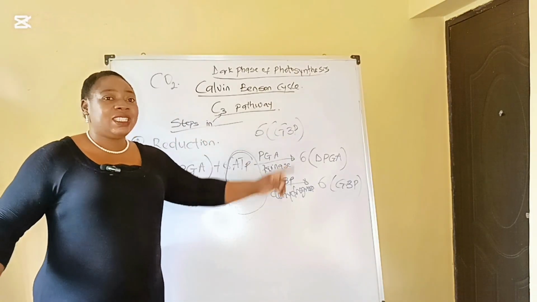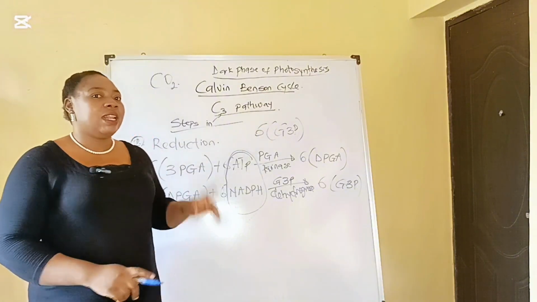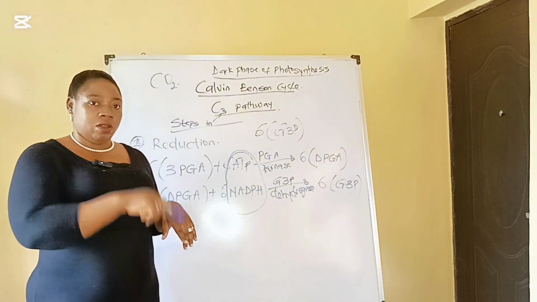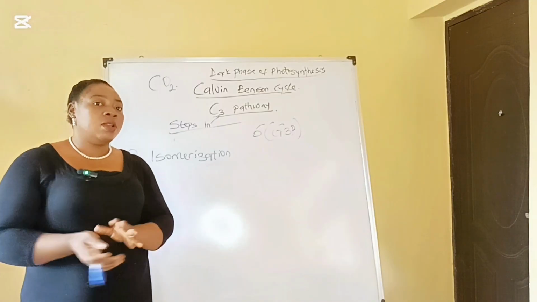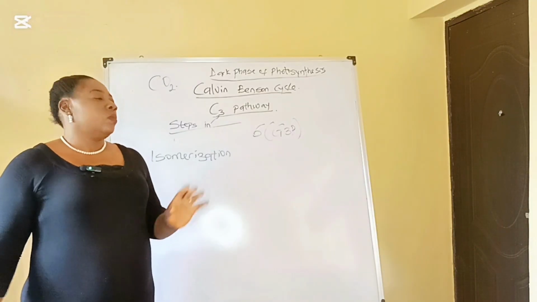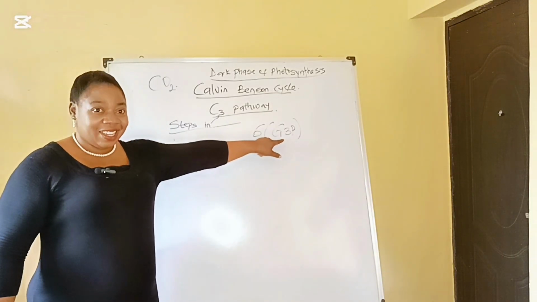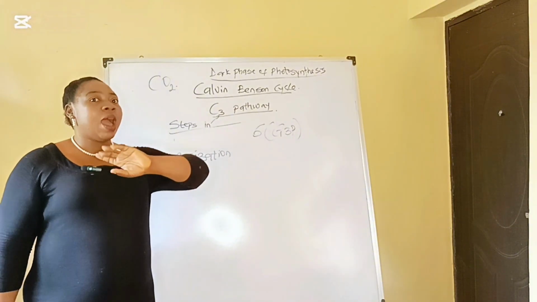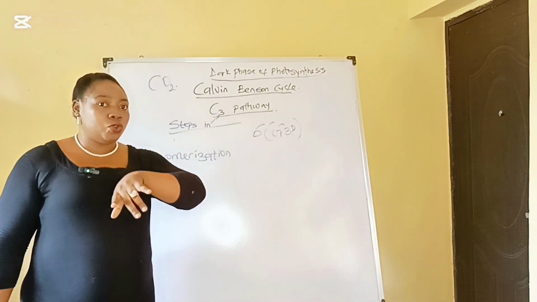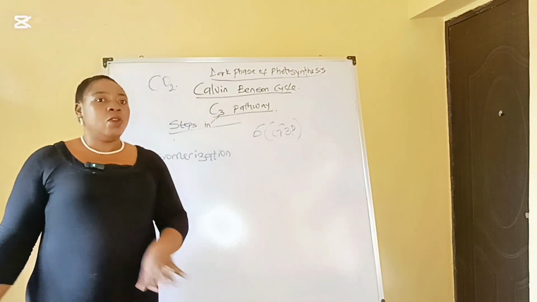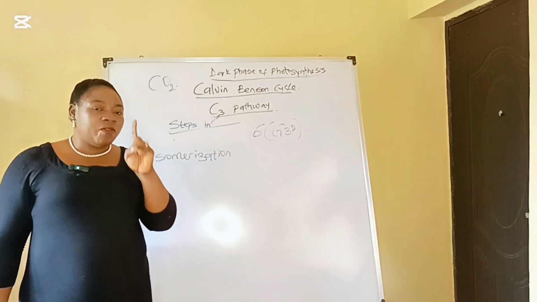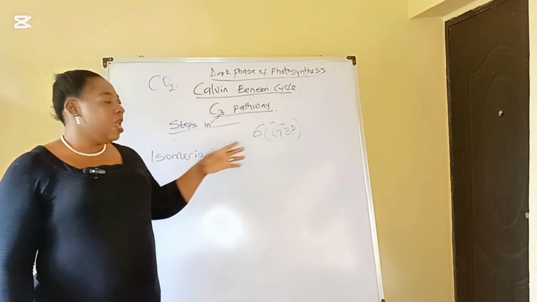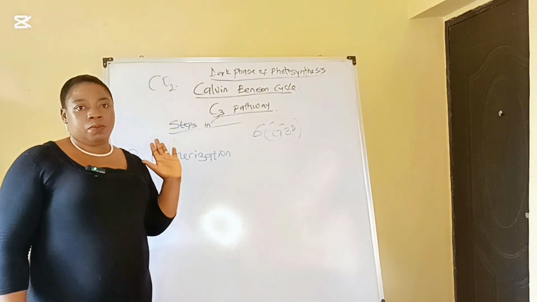Now, these products are what we are starting our next step with. The third step now, which is the isomerization step or stage. You remember this? That's the product that we got from step 2, which is the reduction stage. Of these 6 molecules that we have, one of them leaves the cycle.